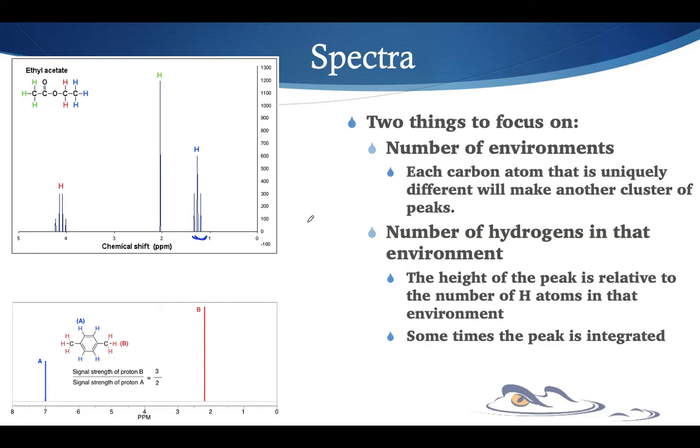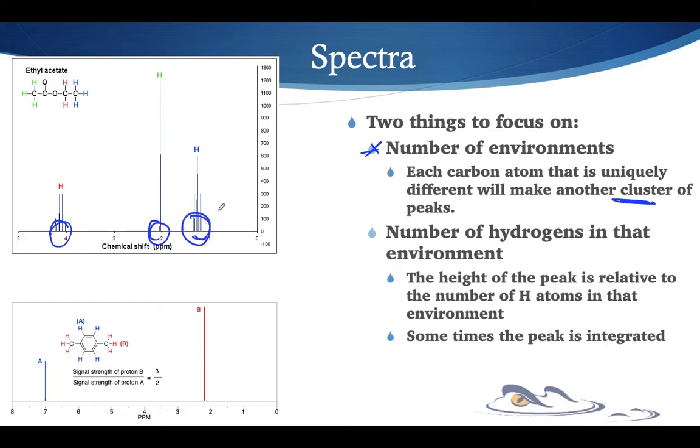So we need to focus on two things. The first thing is we need to focus on the number of environments. So looking at this first one with ethyl acetate, what my eyes see is that there is 1, 2, 3 peaks. A peak is like a cluster of atoms. So an environment is like any cluster of atoms, or a cluster of peaks, I guess.